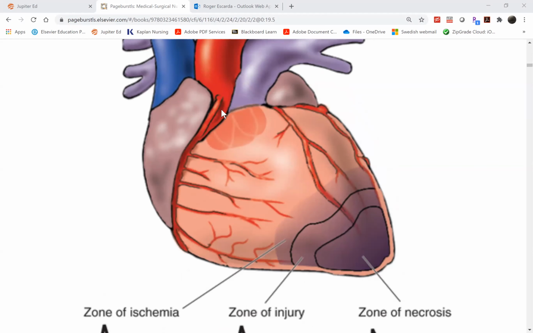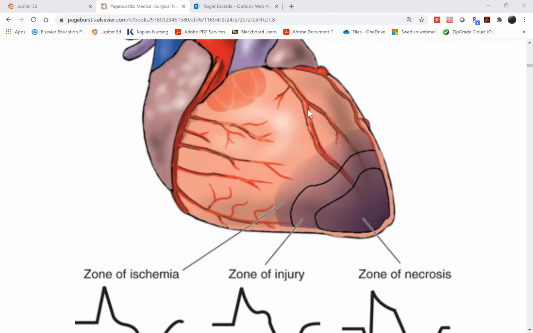They only receive blood during the diastole, and then of course if you have any obstruction here, for instance, it's always the distal part that will suffer, correct? So this one here is the zone of ischemia, and then injury, and then of course the dead tissue is always in the distal part.